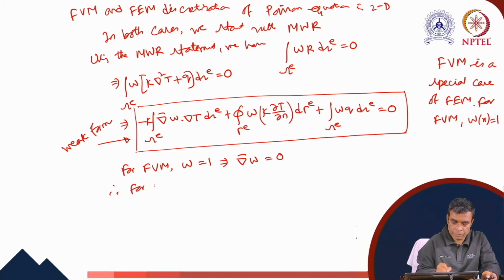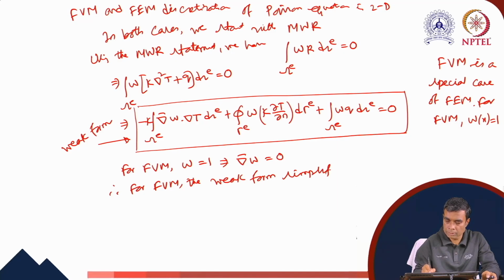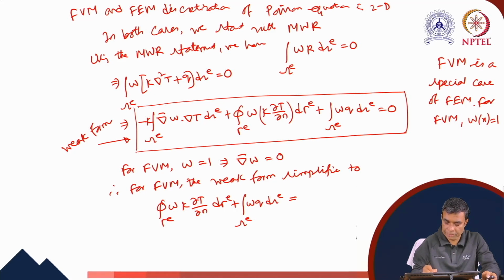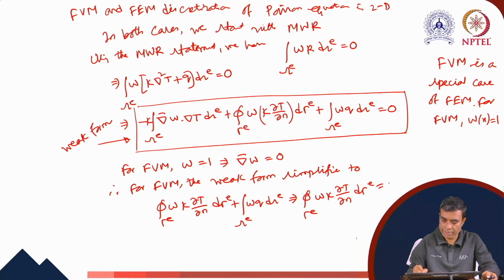Therefore, for FVM, the weak form simplifies to boundary integral over gamma e w k del t del n d gamma e plus integration over omega e wq d omega e, or integration over gamma e w k del t del n d gamma e equals to minus integration over omega e wq d omega e.